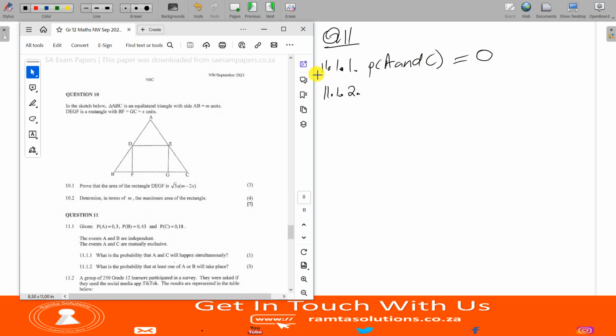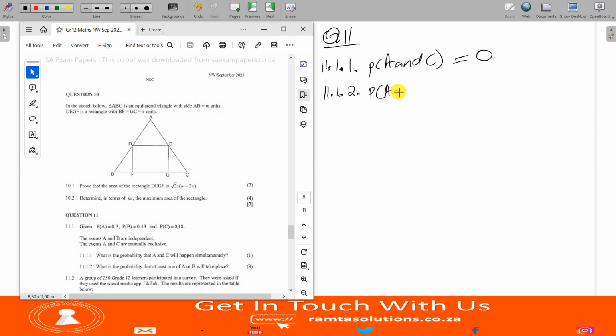11.1.2: What is the probability that at least one of A or B will take place? This wording says we are looking for the probability of A or B. First, we know that A and B are independent.